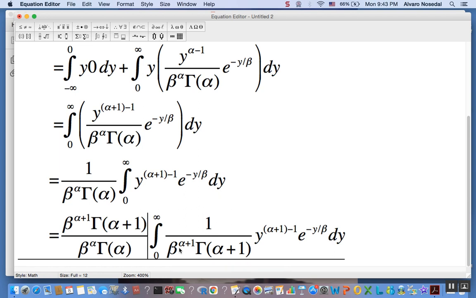So we're not doing anything illegal, right? But now when you take a look at this guy inside the integral, this is the PDF of a gamma distribution with parameters alpha plus 1 and beta, and this integral will be 1. Make sense?